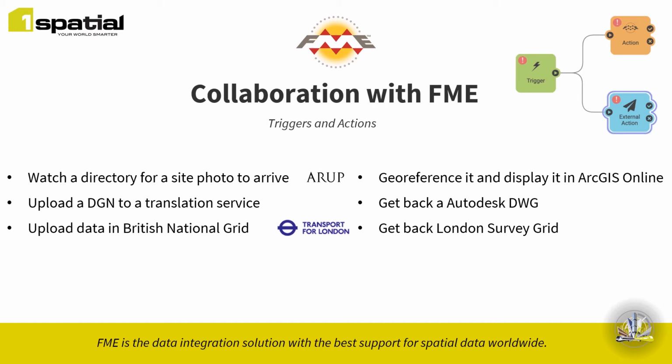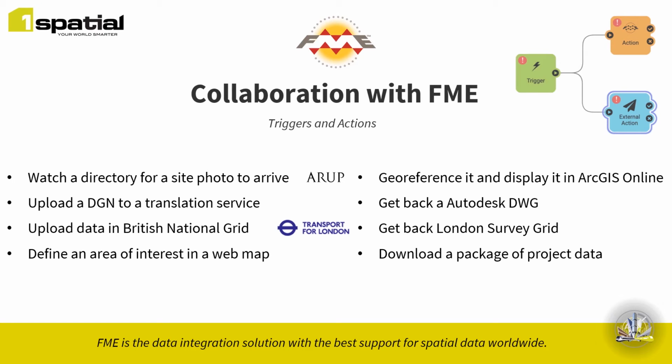There's also the requirement sometimes to go and do some sort of desk-based study. And in scenarios like this, conflating a package of data is handy, especially if you can use a one-stop shop tool to do it. Using a tool like GeoCortex, it's very easy to generate an area of interest and then go and request from several different formats data to be exported to cover your area of interest and download it as a package.